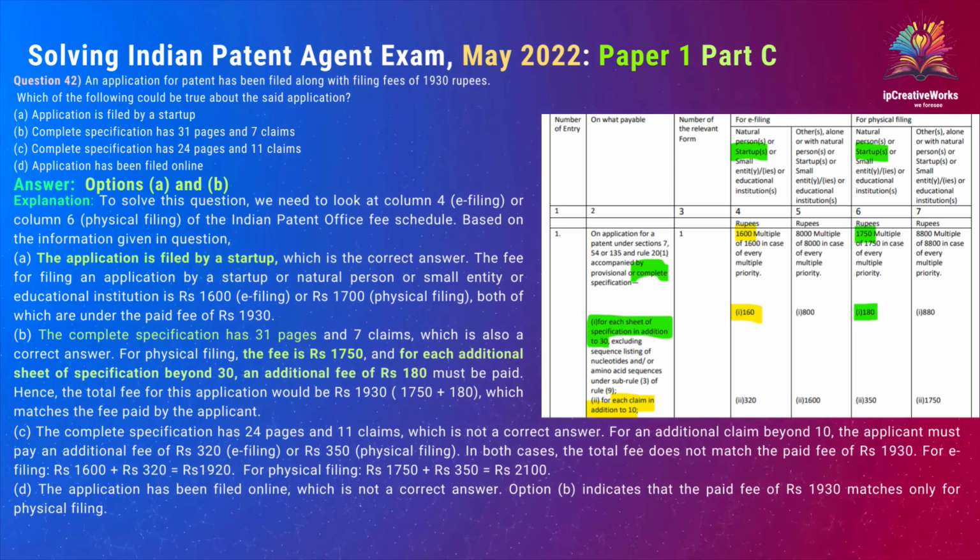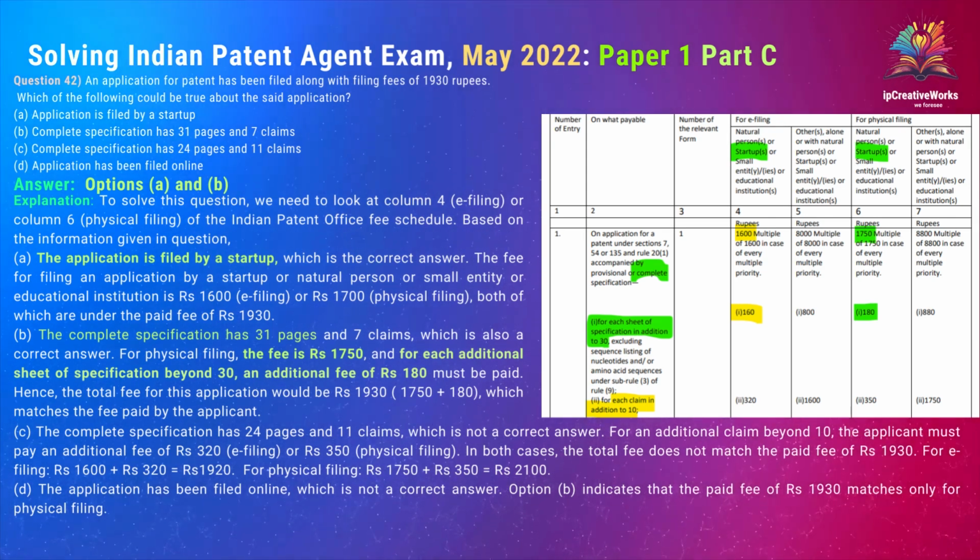A. The application is filed by a startup, which is the correct answer. The fee for filing an application by a startup or natural person or small entity or educational institution is 1,600 rupees, e-filing, or 1,700 rupees, physical filing, both of which are under the paid fee of 1,930 rupees.